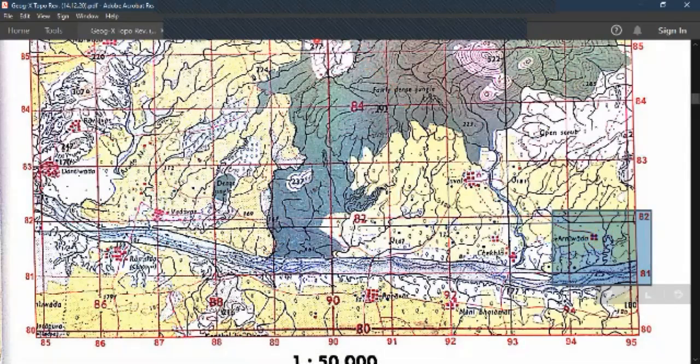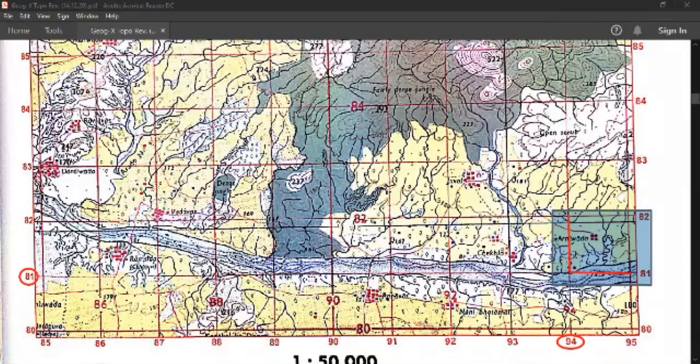To find out its 4-figure reference, we have to first of all delineate the grid. Here, as you can see, the easting value of this grid is 94, whereas the northing value for this grid is 81.